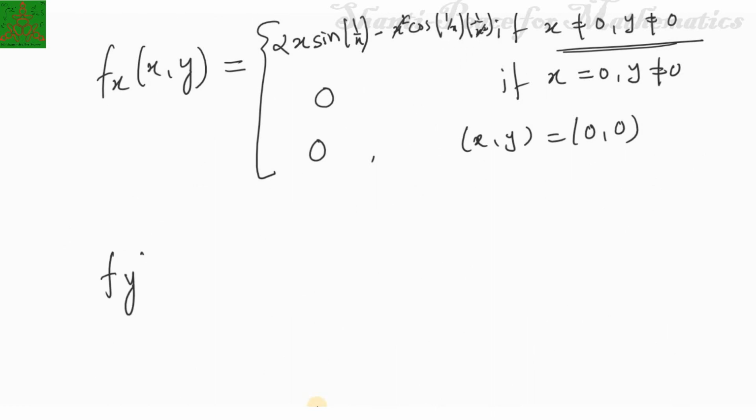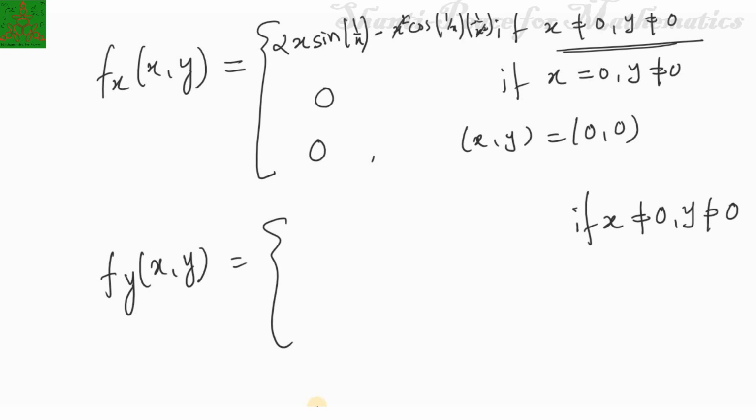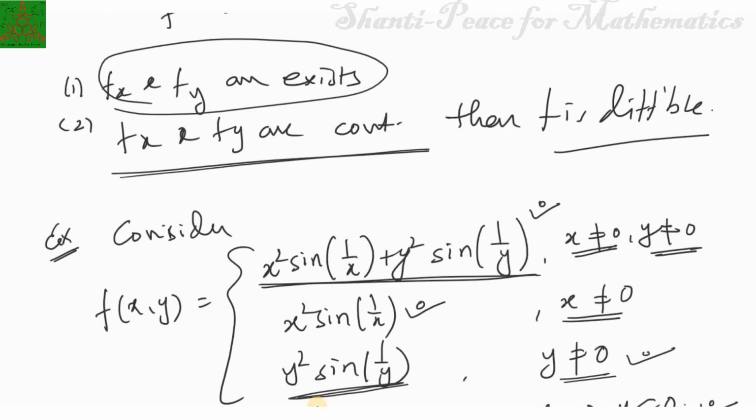Same way, fy at any point (x,y) can be written: if x is non-zero and y is non-zero, then it will be 2y sine 1 upon y minus cos 1 upon y, in the same manner. Because x is non-zero and y is non-zero, the function is this x square sine 1 upon x. So the derivative of this quantity will become 0, and this will give you the product rule.